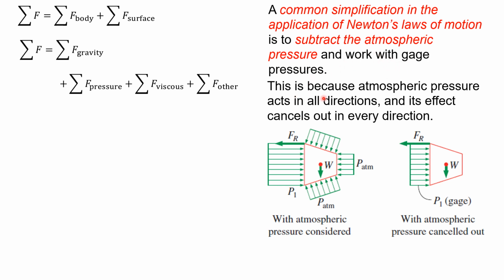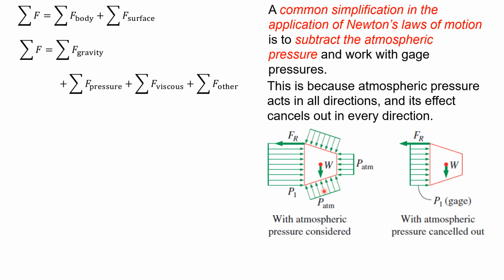Because atmospheric pressure acts in all directions. If a surface is exposed to the atmospheric pressure, you can disregard the atmospheric pressure in your calculation.